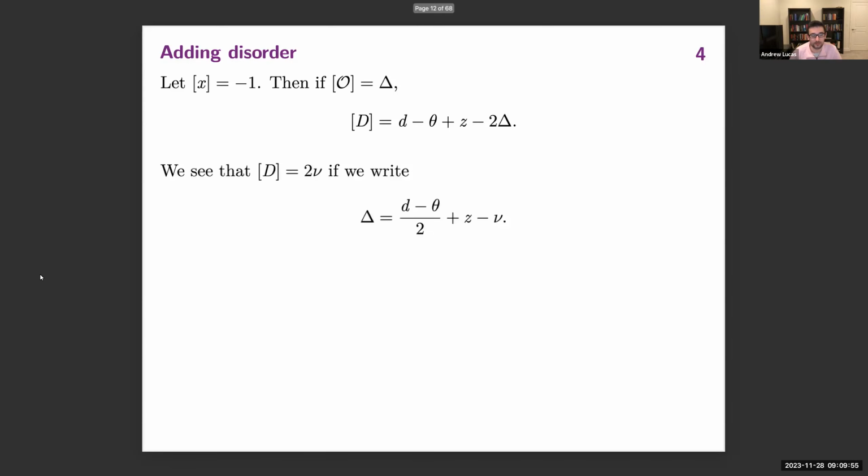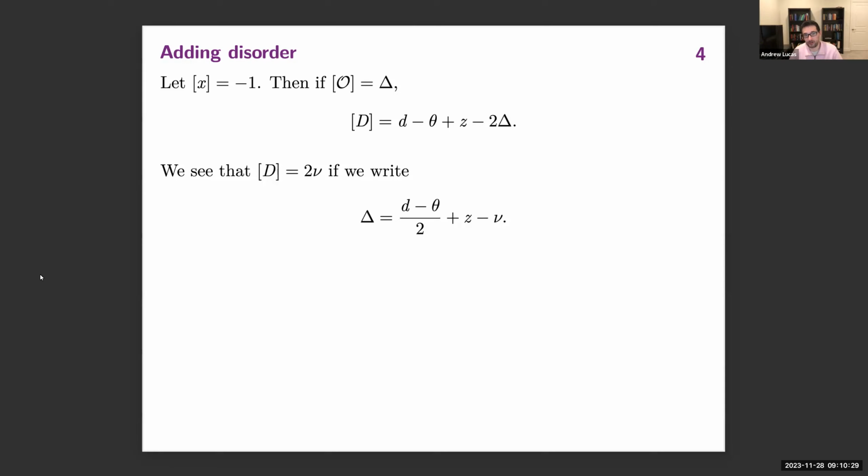Let's try to rewrite this expression a little bit by defining a new variable, which I'll call nu. And nu is basically chosen so that when nu is 0, it's like a linear shift of the operator dimension delta. And we choose it so that when nu equals 0, this constant D is actually dimensionless. In analogy to usual quantum field theory, we would then expect that, if nu equals 0, this coupling D is marginal.